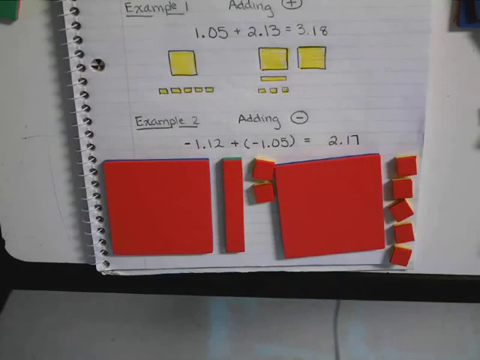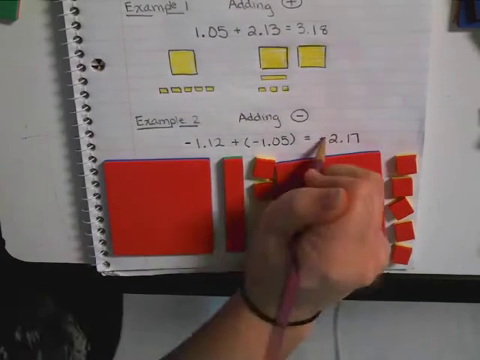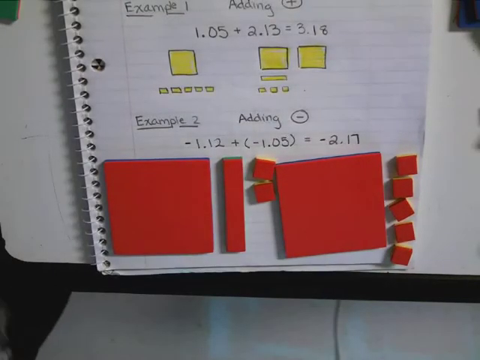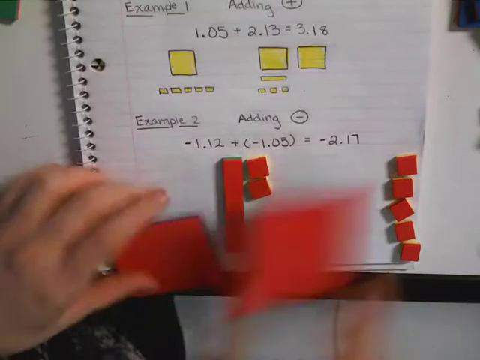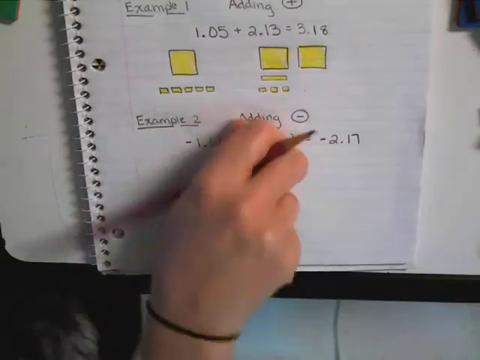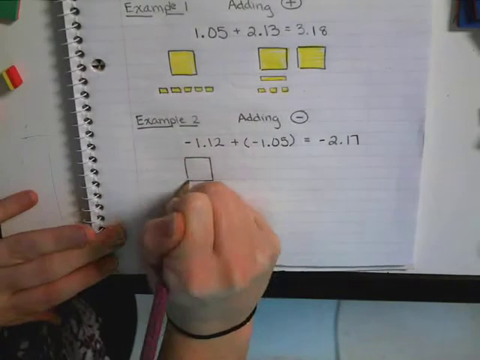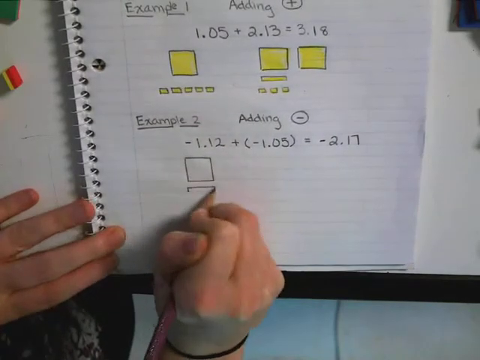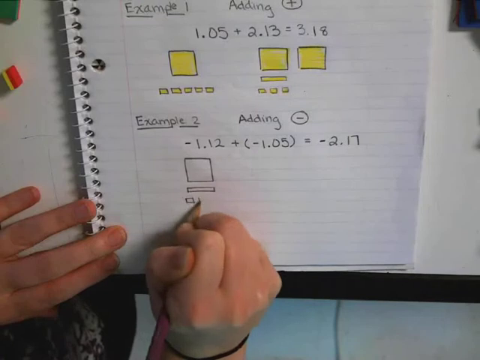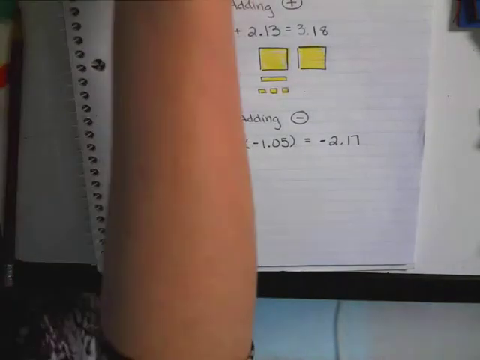And all of them are red, so this whole number is what? Negative. -2 and 17 hundredths. So I'm going to remove these so that we can draw our model. I'm going to draw 1 big square, 1 rectangle, and 2 small squares, and color all of those red.